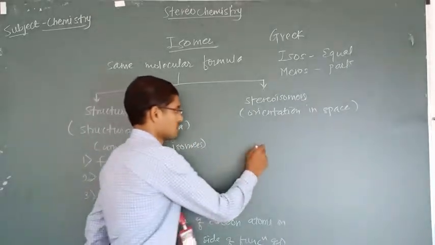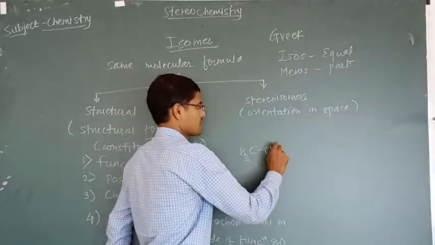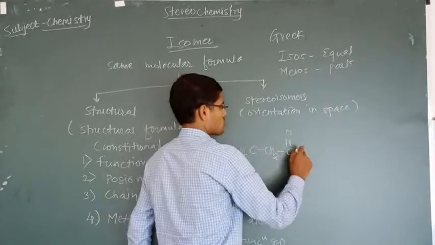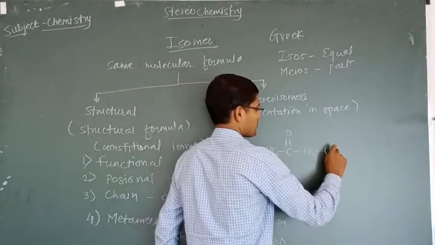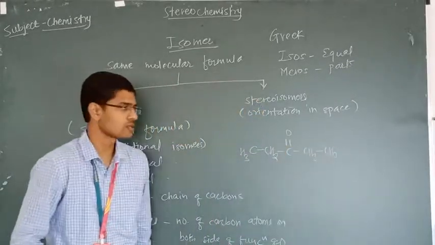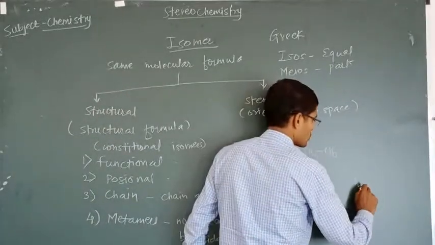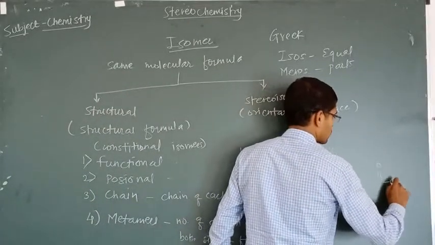For example, CH3CH2COCH2CH3, 3-pentanone, and 2-pentanone.